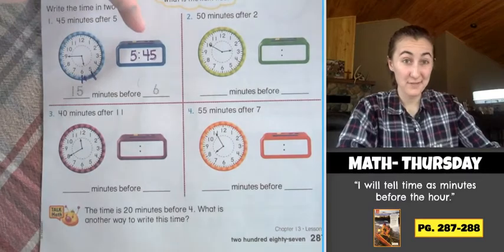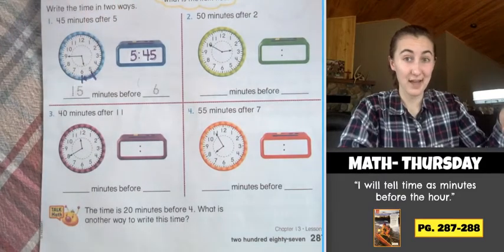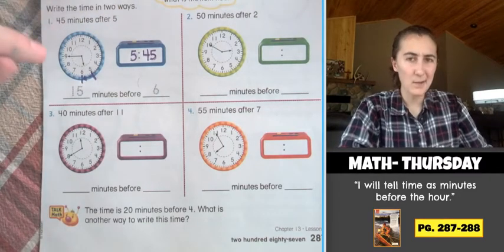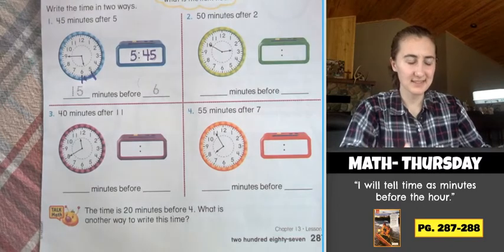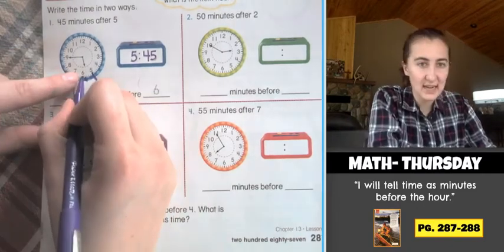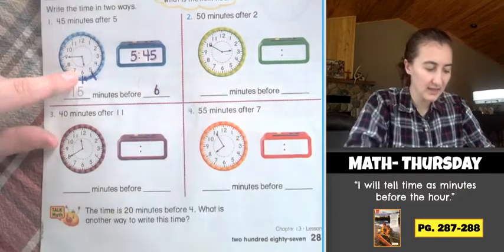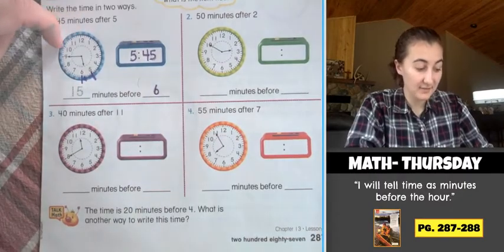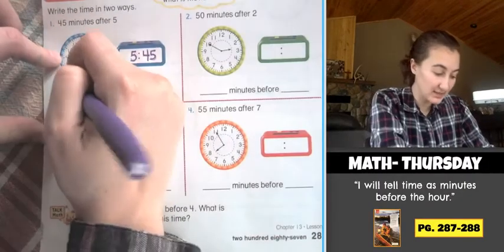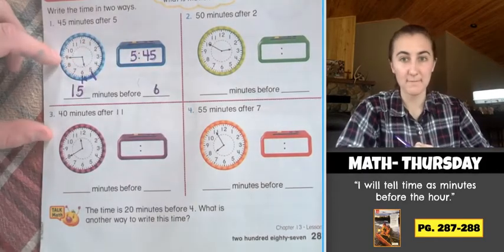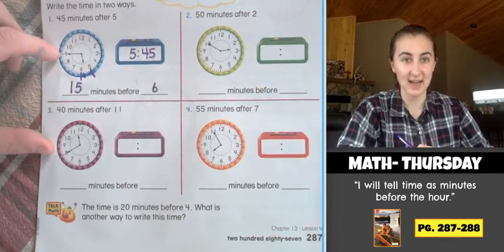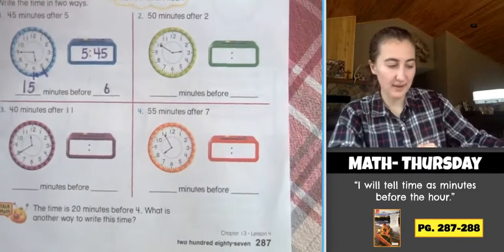It is 45 minutes after 5 o'clock. But how many minutes before the next hour? I know my next hour is 6 o'clock, and it's 5, 10, 15 minutes before 6 o'clock.